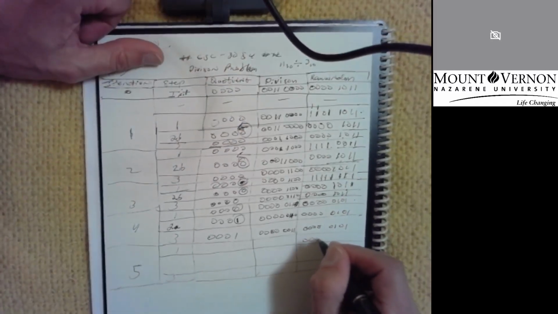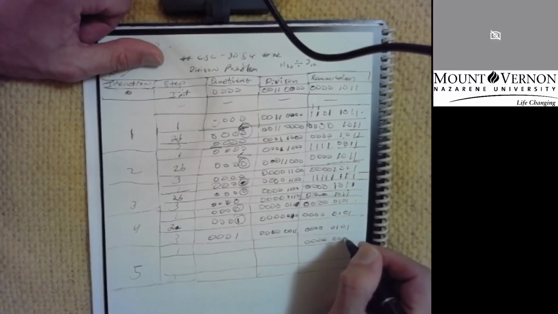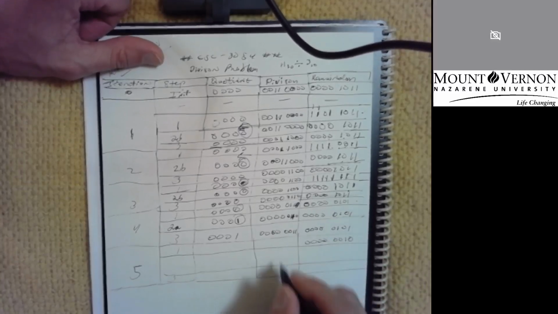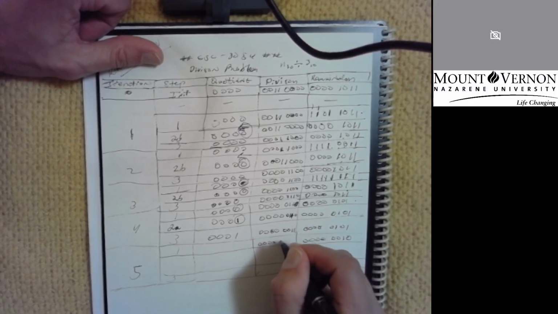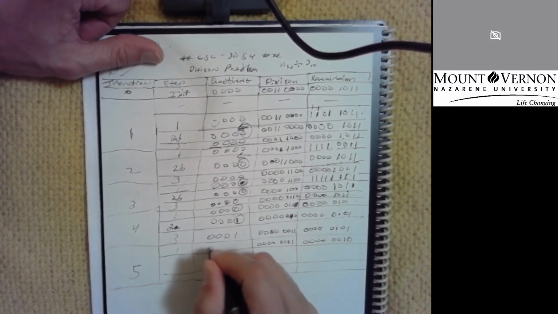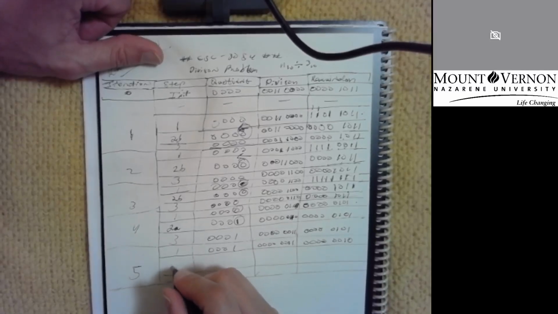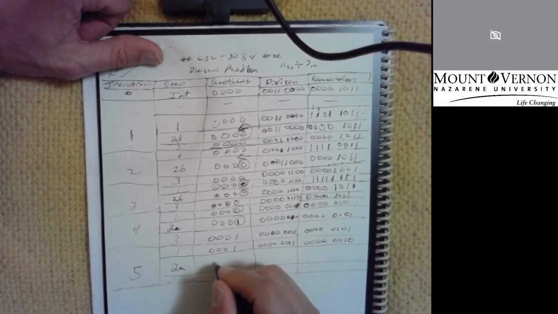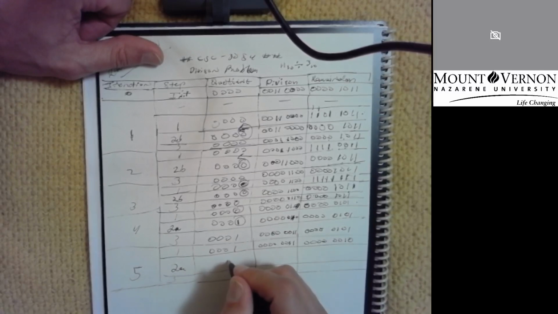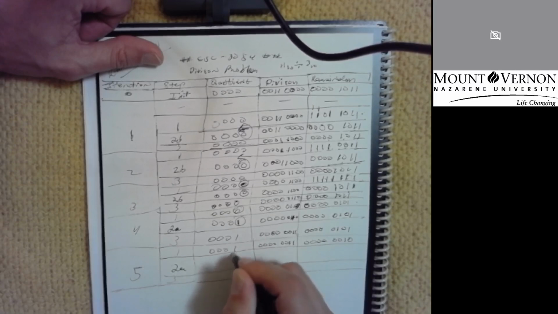Again, it's a remainder that is greater than 0, so we do the step 2a. So we shift the value over, and then set the least significant bit to a 1. So this gets all shifted over.